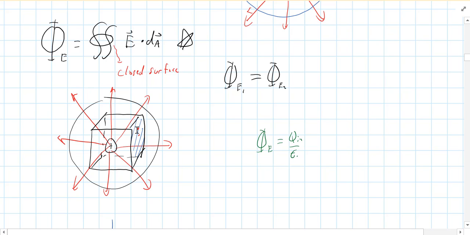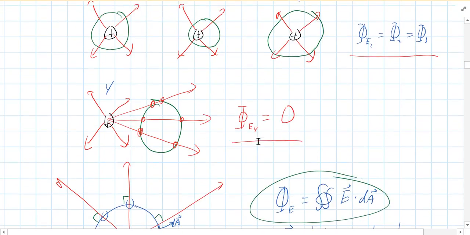There are 6 surfaces, so the total flux leaving this right-hand surface would be Q in over 6 epsilon naught, or 1/6 of this. That's a nice, easy example to figure out how much total flux leaves a surface. Note, finding the electric field over this would still be difficult because the field varies, but finding the total flux leaving that surface would be quite easy.